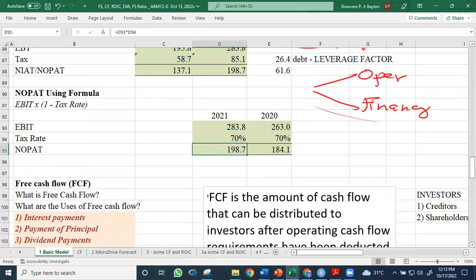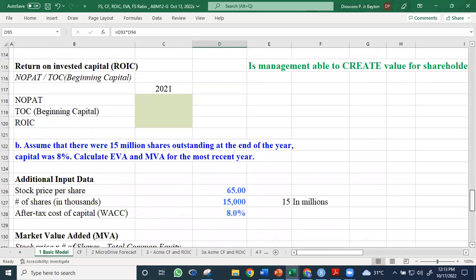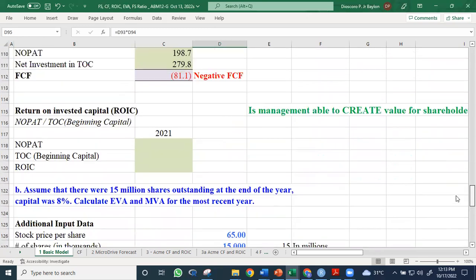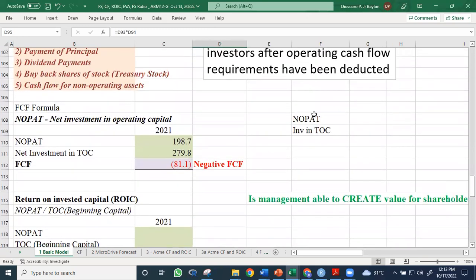Diba? All right. Now, ang question, okay naman tong NOPAT. Kung okay to, ba't magiging negative yung free cash flow? Kasi mataas yung investment in TOC. 279.8. Ang NOPAT lang natin, 198.7. So, ibig sabihin, hindi sufficient yung NOPAT natin for this net investment in TOC. So, kaya naging negative yung free cash flow natin.